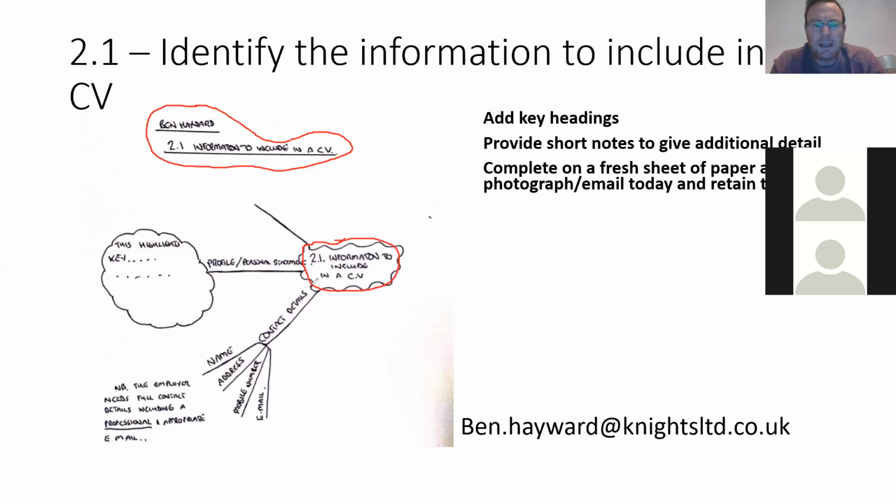So in this area, what I've done is I've just put a line going out, put contact details. At the end of that, I've refined what I include in those contact details.